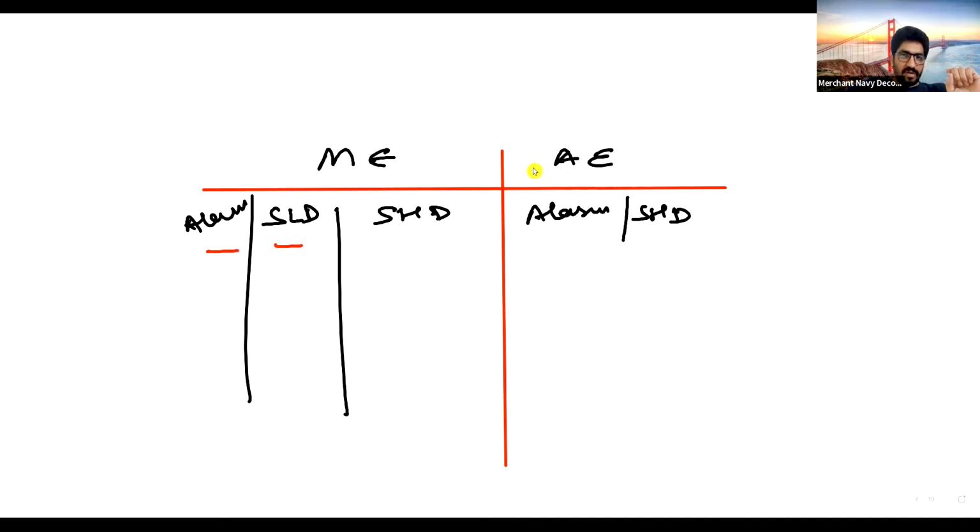I'll just talk about shutdown quickly. Main engine normally has low lube oil pressure. That's a shutdown. Overspeed. And thrust bearing high temperature.